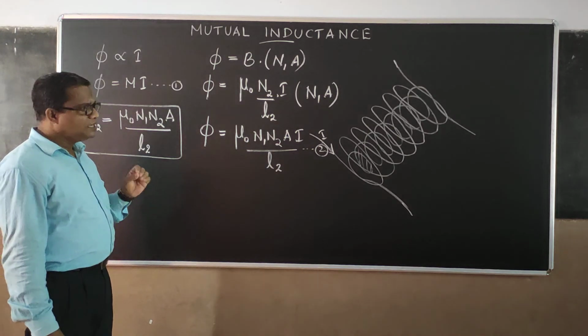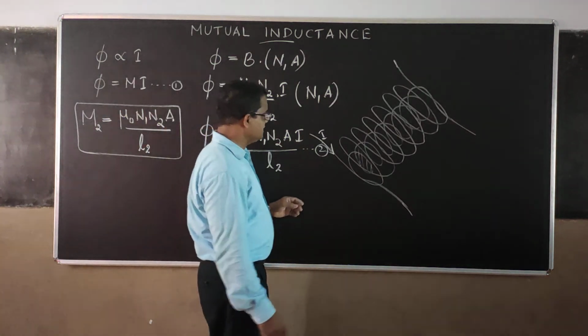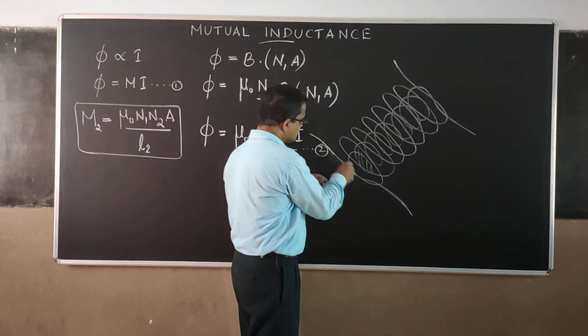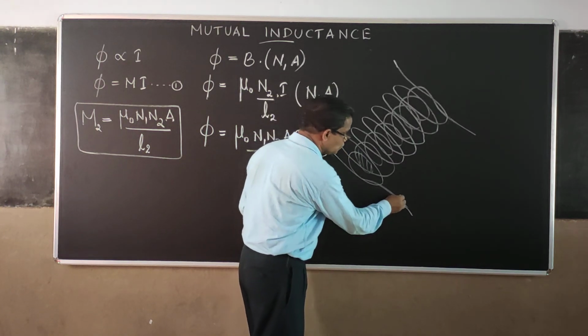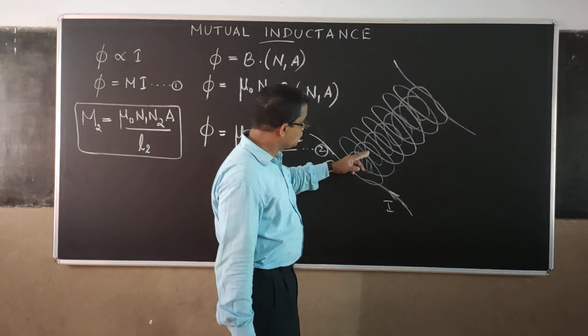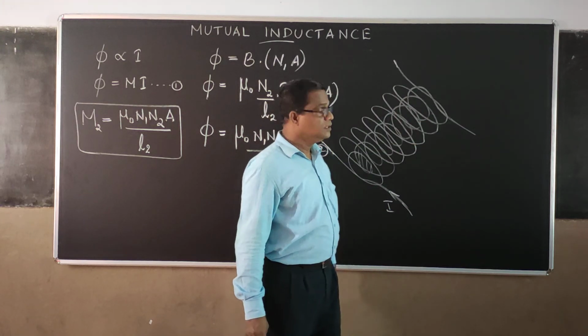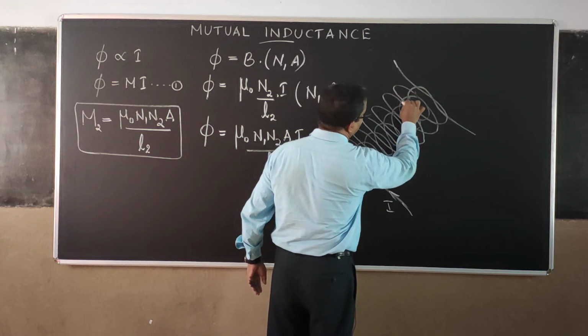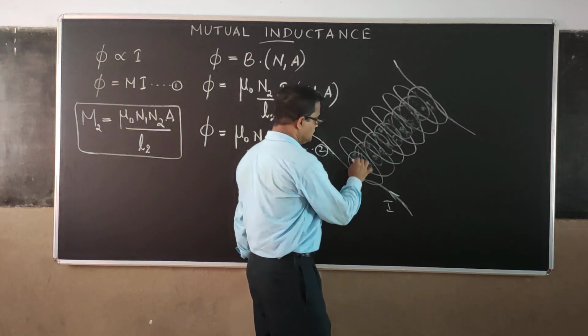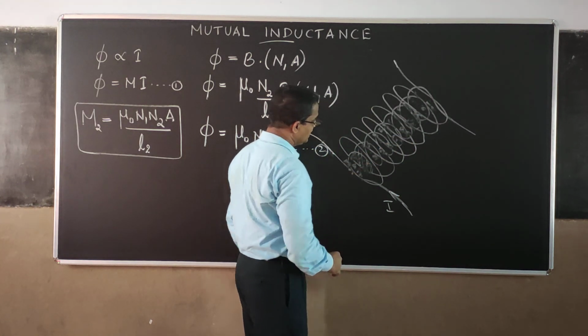Now let us assume the special case that suppose this current I is flowing through the inner coil. When the current I flows through the inner solenoid, there will be a magnetic field produced inside this inner coil.